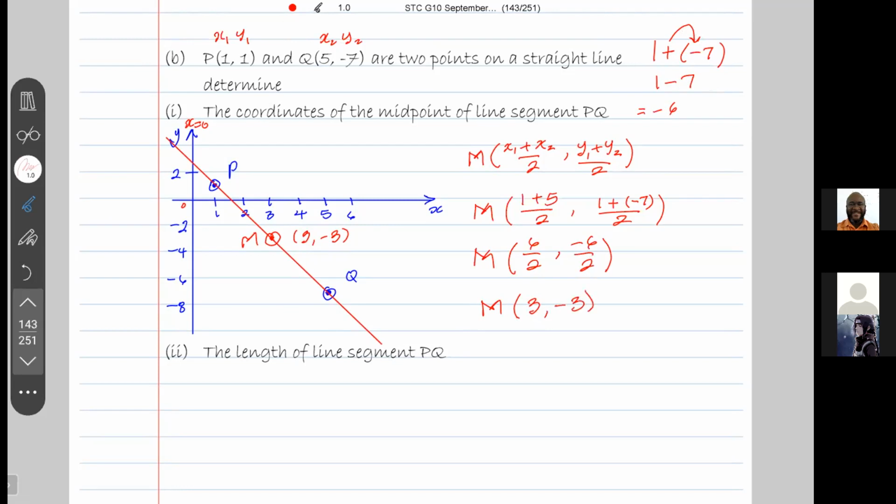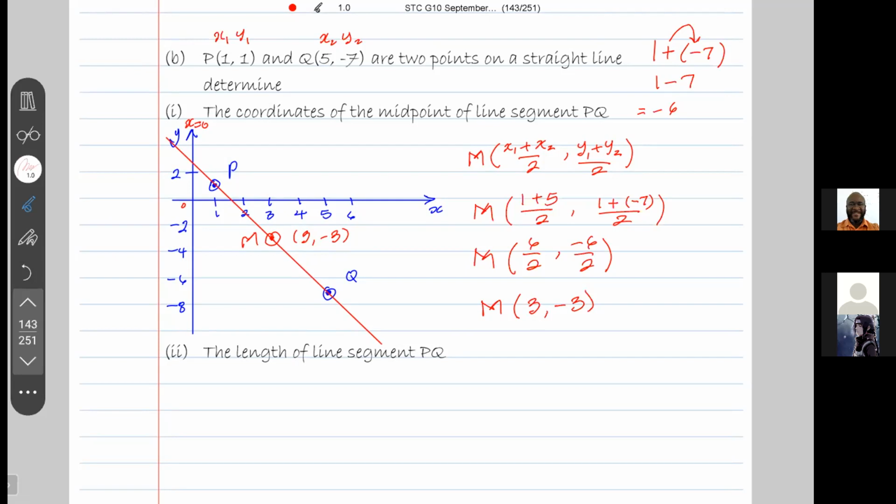So here, both observation and calculation agree. My simple little sketch shows that, and when I mark it, calculation also agrees.